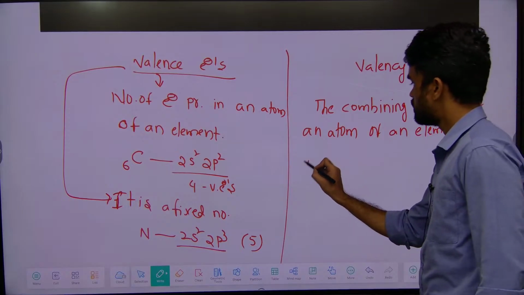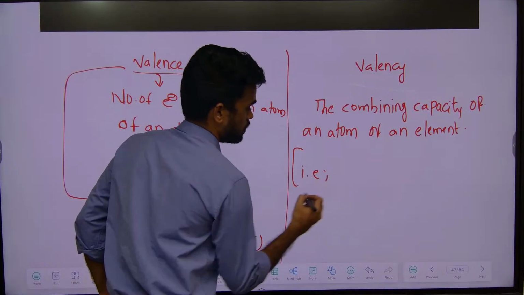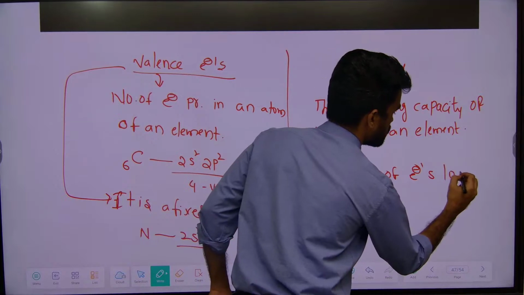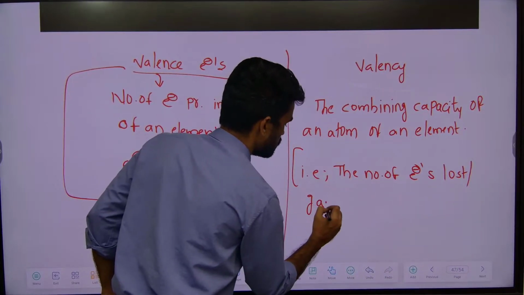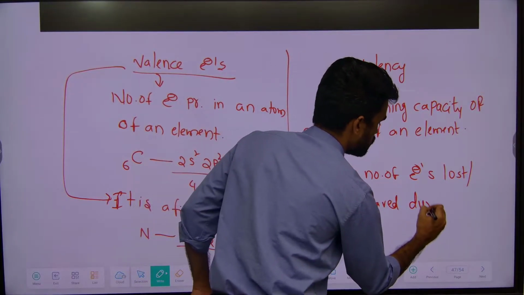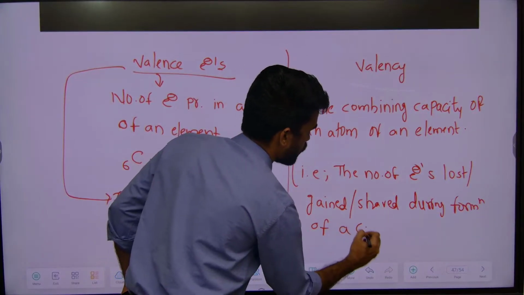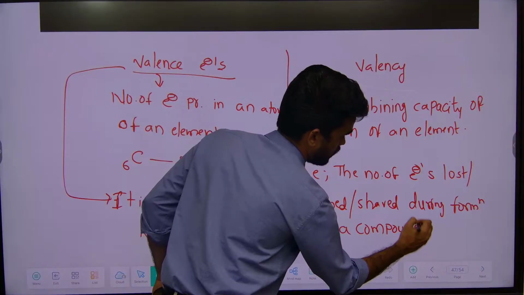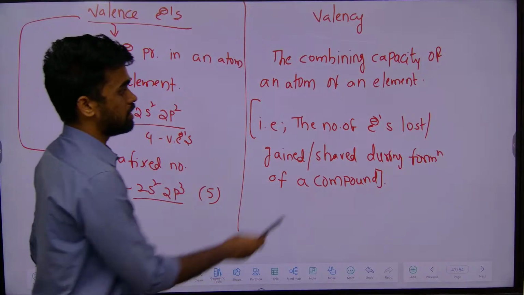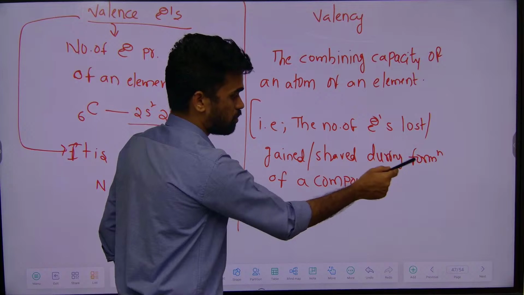Or to define it more clearly, it is the number of electrons lost, gained, or shared during formation of a compound. This is the perfect way to understand. So read that. What do we mean by valency? The number of electrons lost, gained, or shared during formation of a compound.